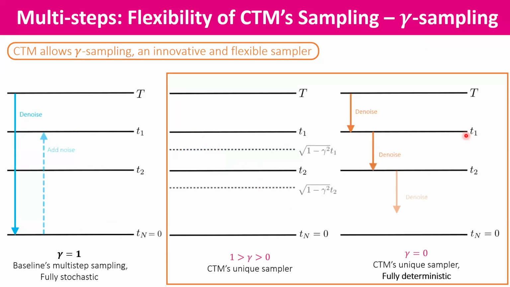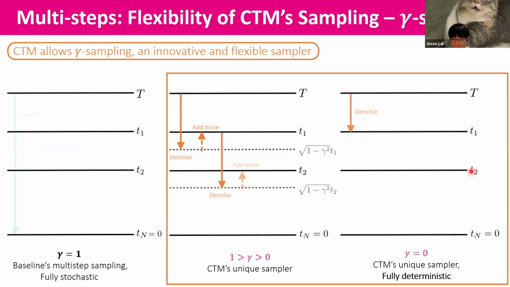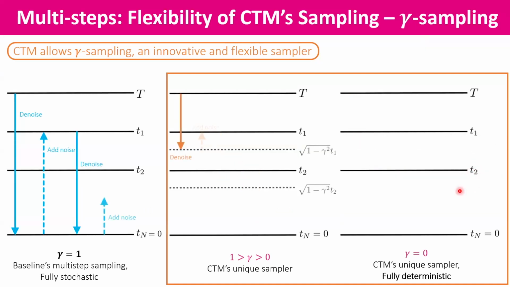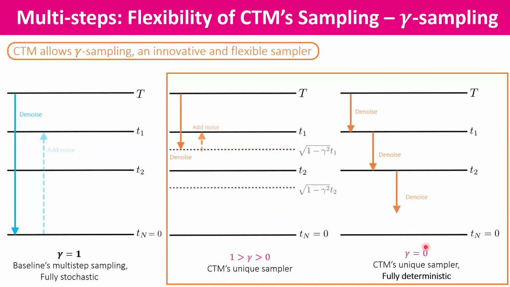So T2 is noisier or less noisy? Less noisy, cleaner. Okay. So we gradually move from the noisy T and then denoise it to the very clean if you want to do the multi-steps. Thank you.